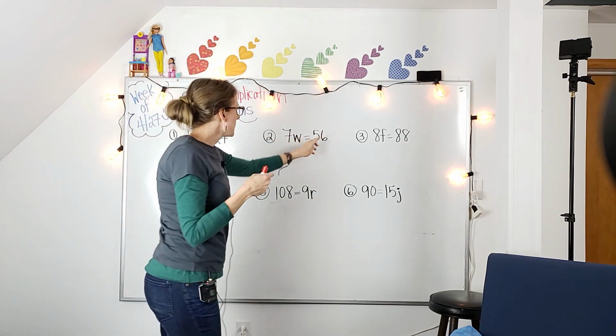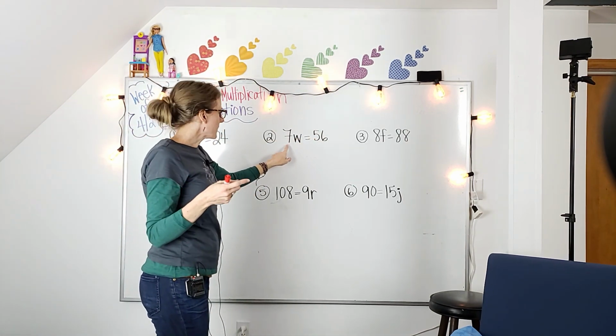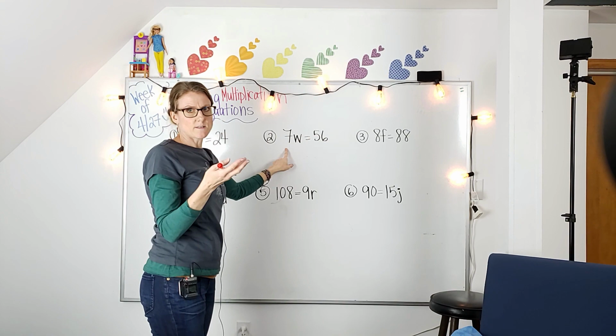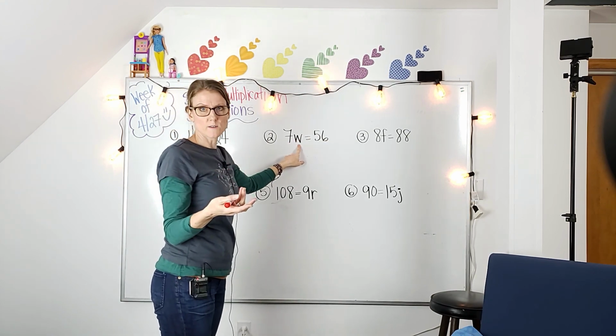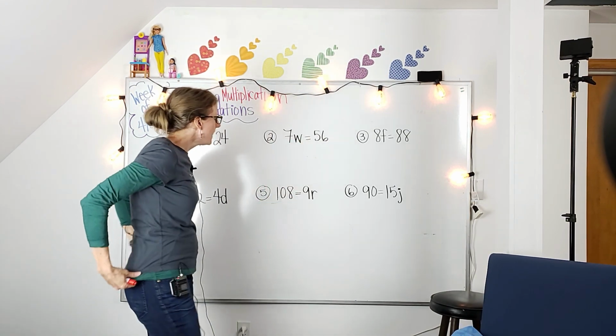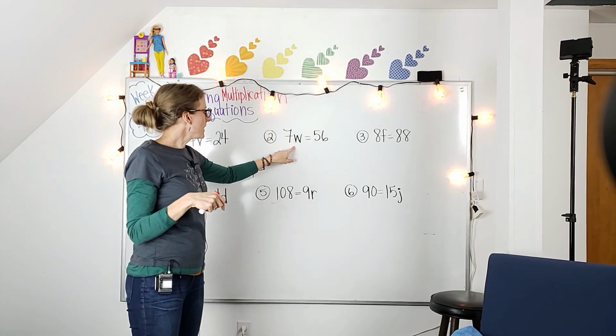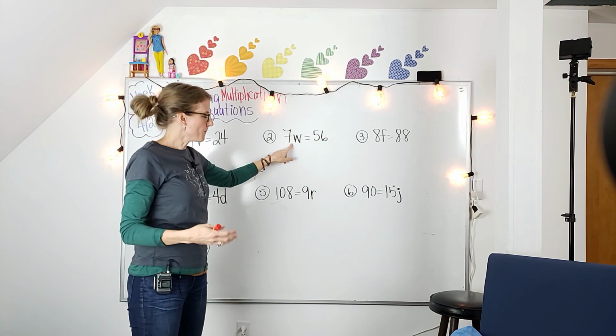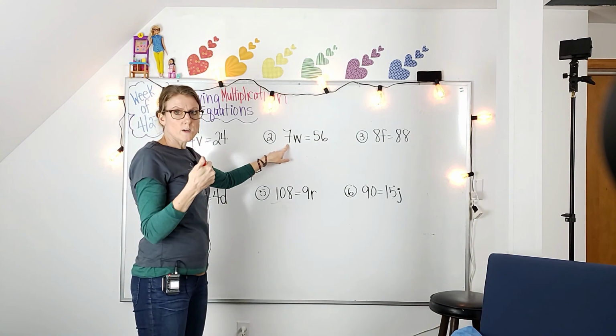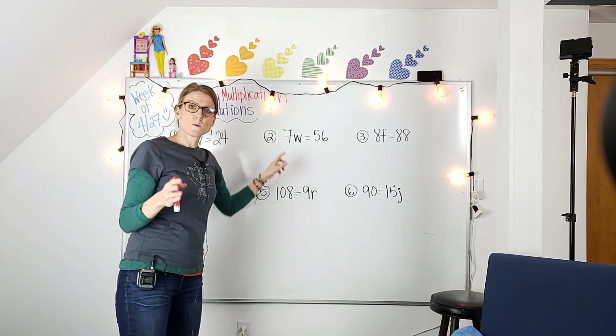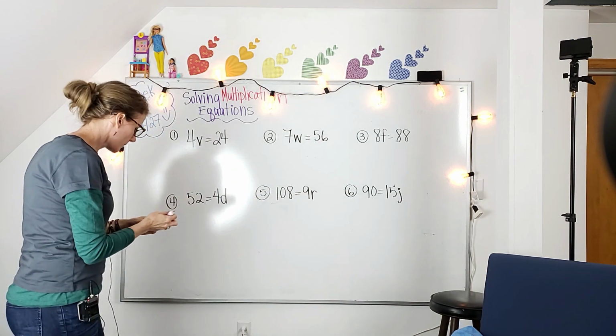Some people were just, like if I said 7w, they were just writing it as 72. It's not 72, it's 7 times whatever that w is in that case. So again, just remember that. I did a lot of Zooms with people this past week and they had it down after a few examples. So good for you guys who were doing that. That does mean multiplication, so just be really careful. All right, here we go.